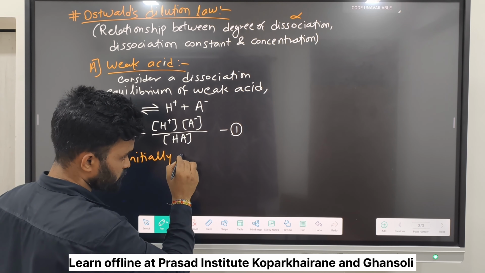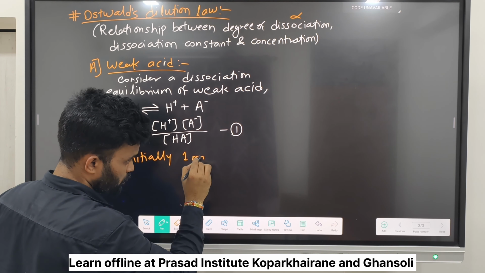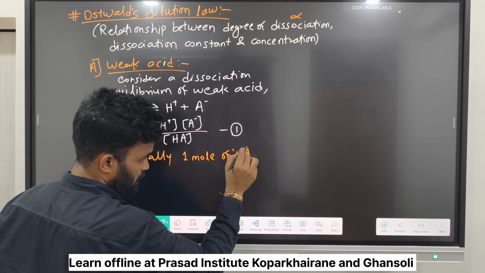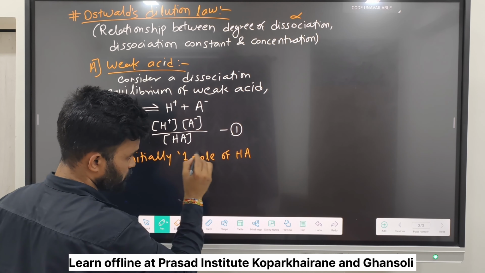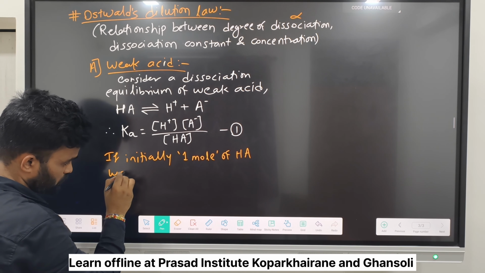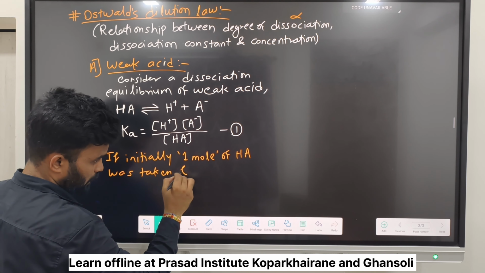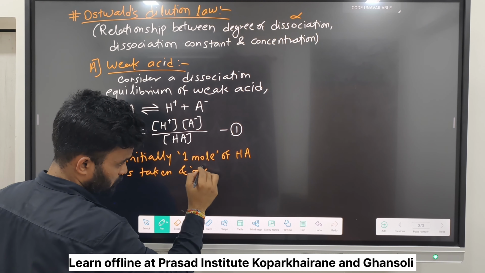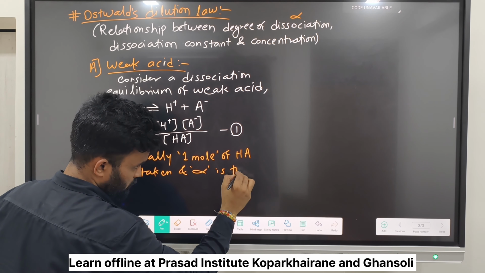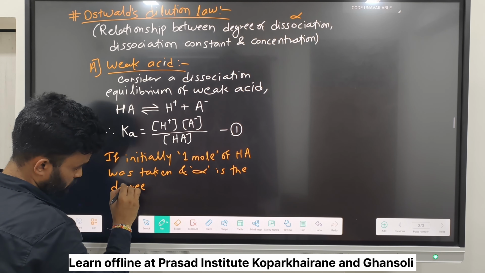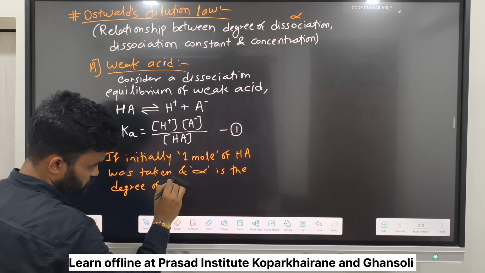So if initially 1 mole of HA acid, 1 mole of HA was taken and alpha is the degree of dissociation.